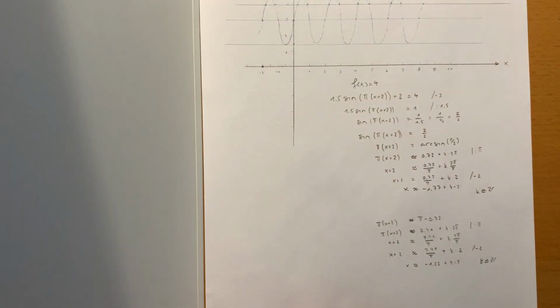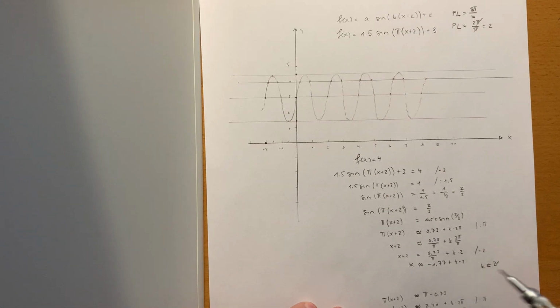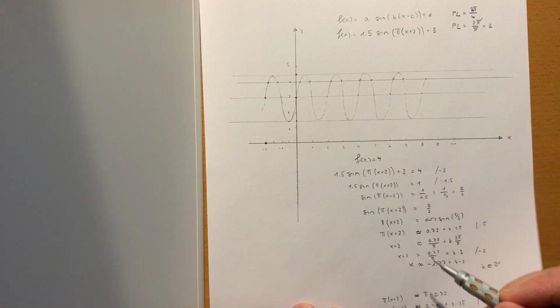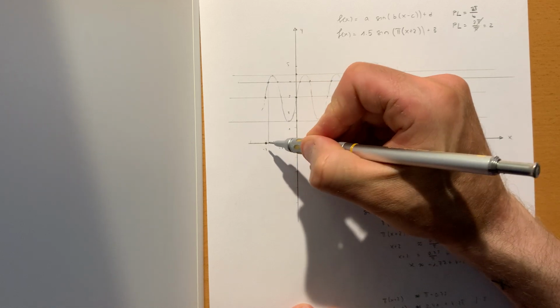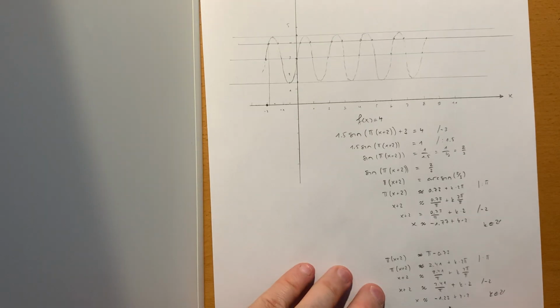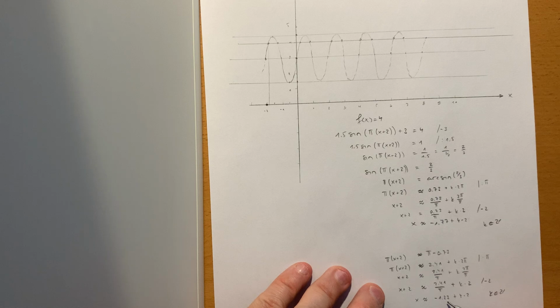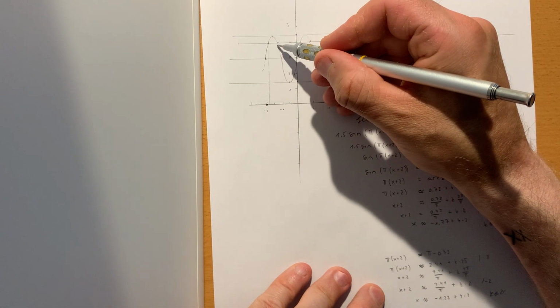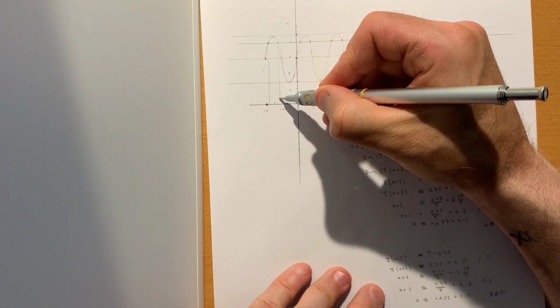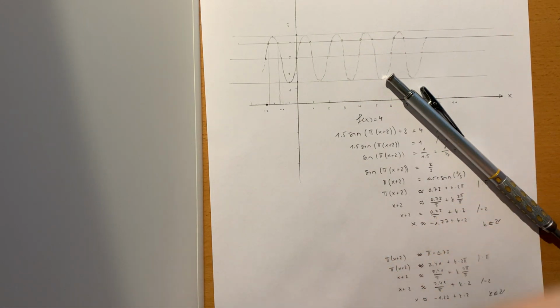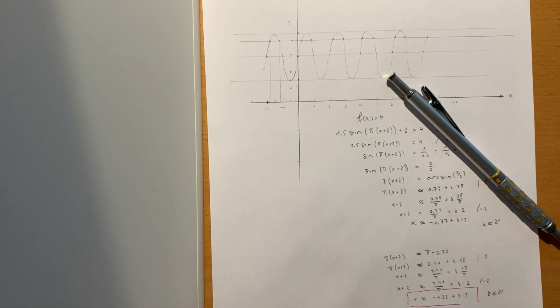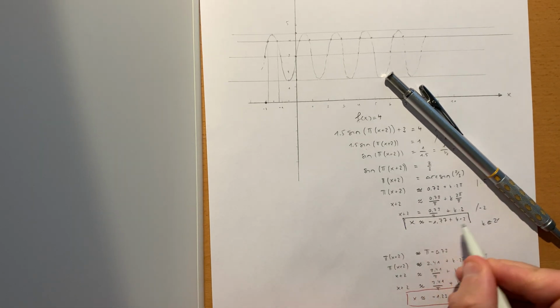Now, does that make sense? Let's see. Look, minus 1.77. That could be here. It's quite perfect. And the minus 1.23, that's here. So let's highlight these two solutions. Let's say this is my red solution and this is my black solution.